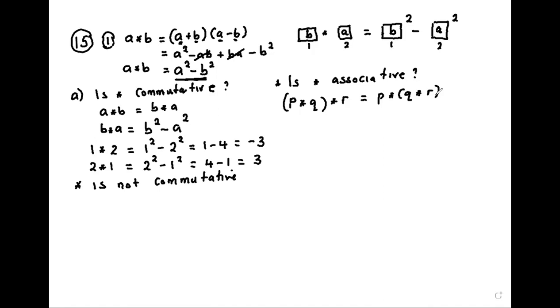So let's pick the left-hand side. We pick (P star Q) star R. When we say P star Q, this is our A, this is our B. So we have P squared minus Q squared.